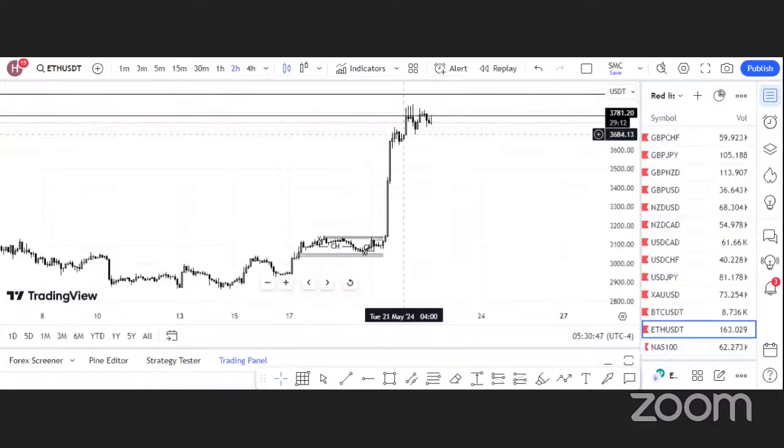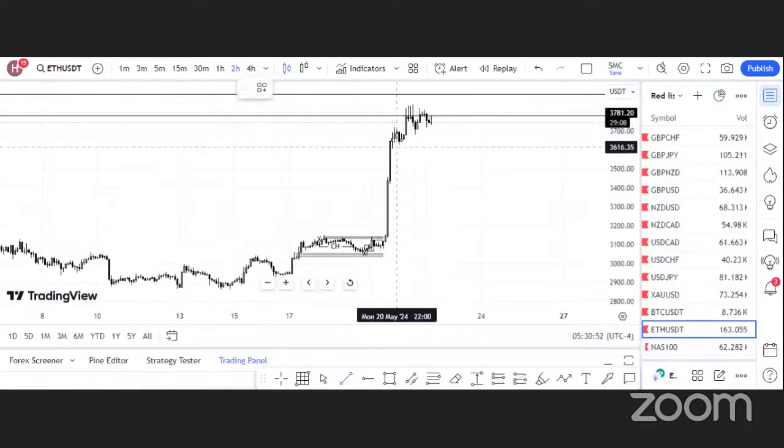So we have a zone here. Okay, we have a resistance zone that is pushing the market bearish.